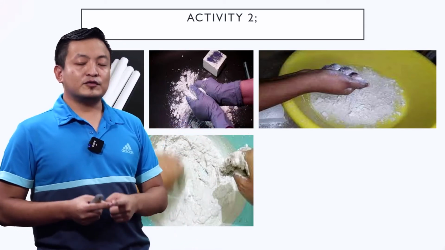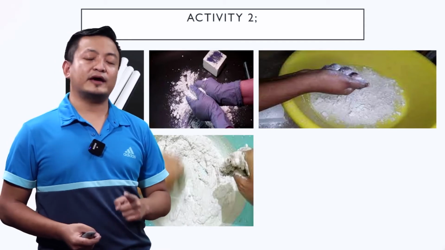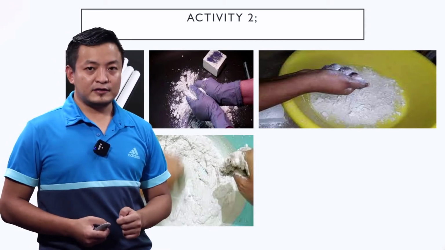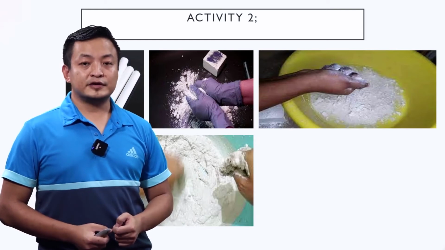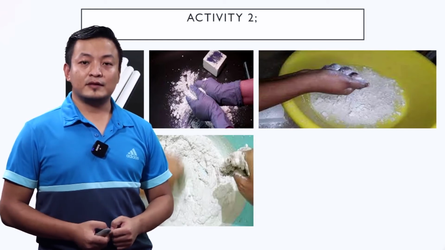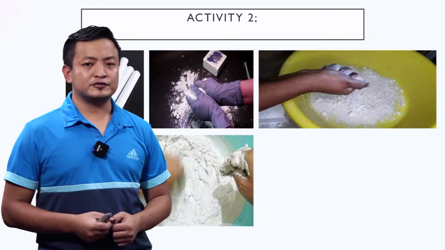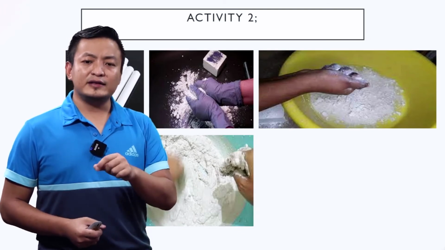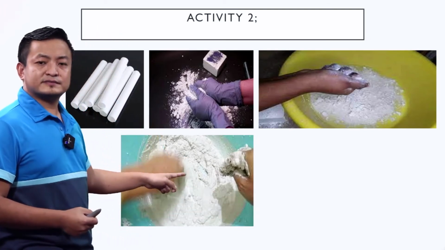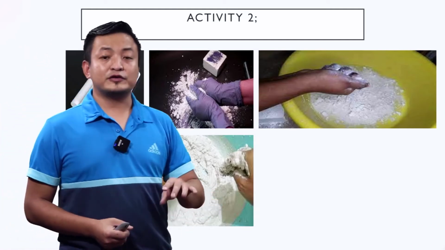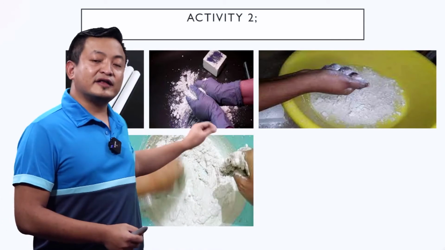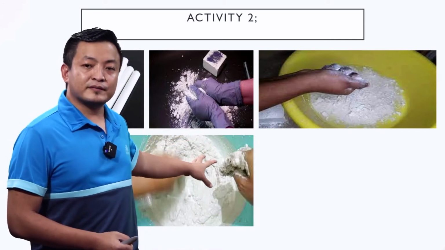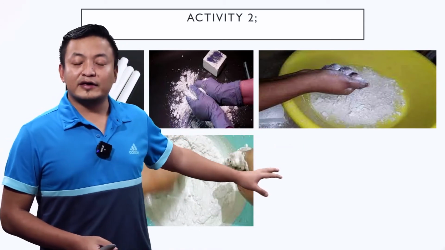So first, what do we need? We need a chalk. Second, we will crush this chalk into powder form. Third, what we'll do? We will put a little bit of water like this, so that we can make a paste.